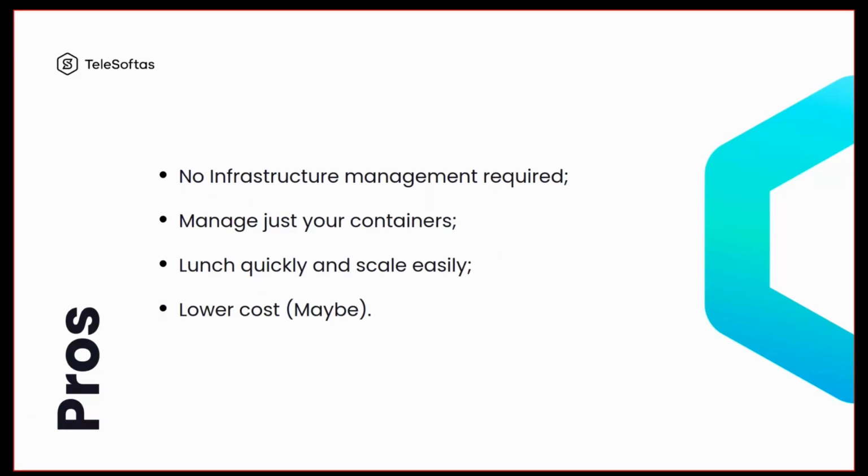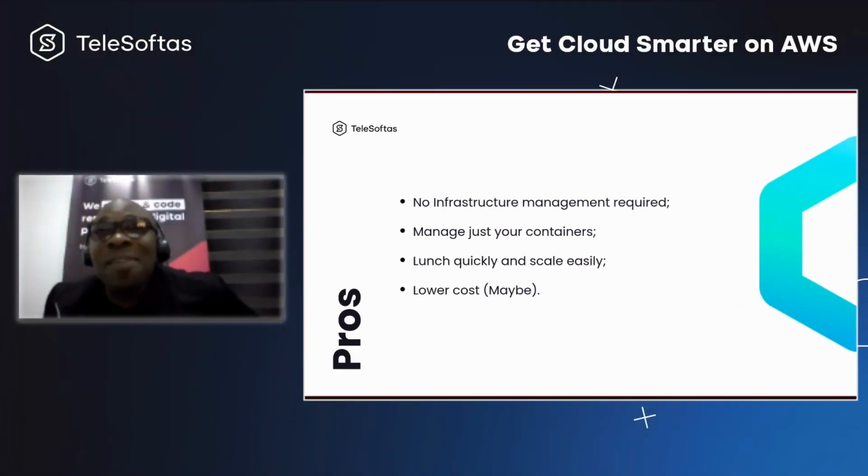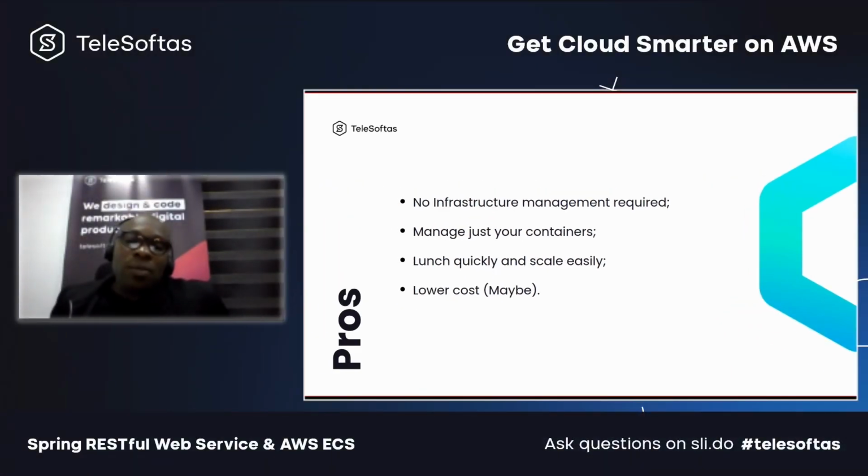So I'll be talking about the pros of ECS Fargate. First of all, with Fargate, you don't need to manage infrastructure. All you need to do is to manage your containers, right? You define which image to build your container from.